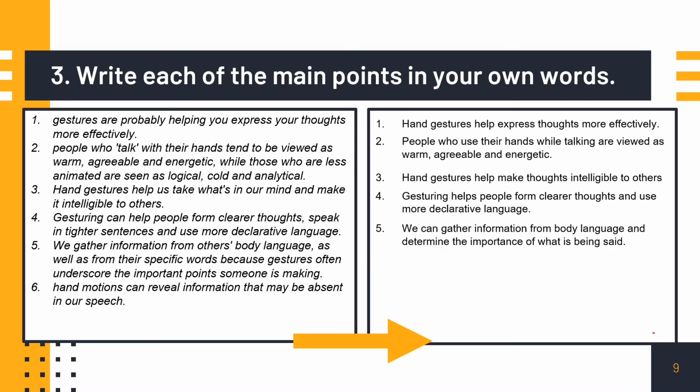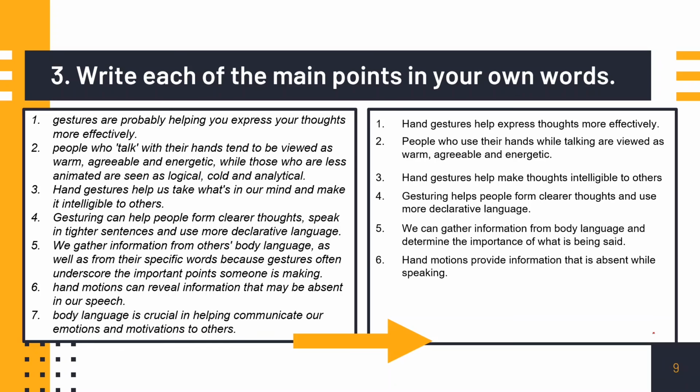The sixth main point says, hand motions can reveal information that may be absent in our speech. This can be changed into, hand motions provide information that is absent while speaking. The seventh main point says, body language is crucial in helping communicate our emotions and motivations to others.